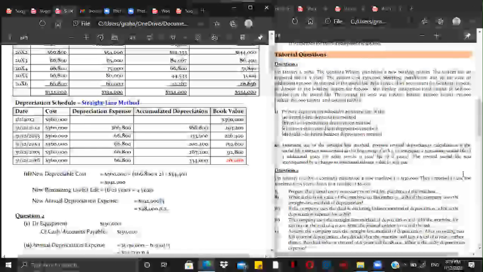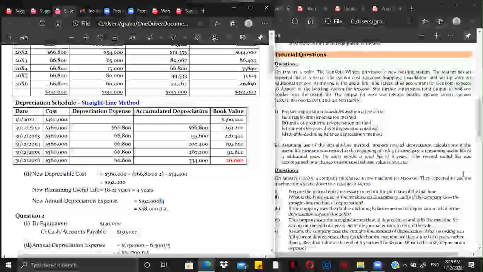So it would be 5 over 15, 5 over the sum of the digits, multiplied by the capitalized cost less the residual value, which is 334,000, and that should give you 333 for the annual depreciation for year 20x2. You get that now?